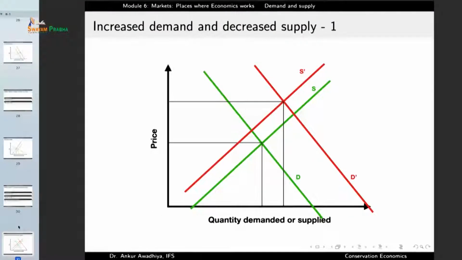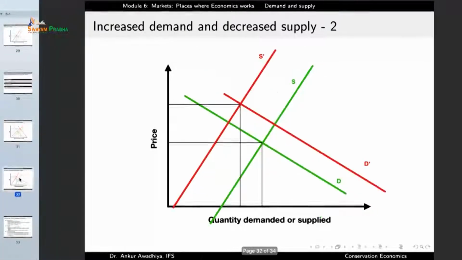But it is also possible that when you have an increase in demand, so in this scenario we are saying that the green demand curve has shifted to the right, the green supply curve has shifted to the left, and in this case the earlier equilibrium was here, the new equilibrium is here. Earlier equilibrium price was this, the new equilibrium price is this.